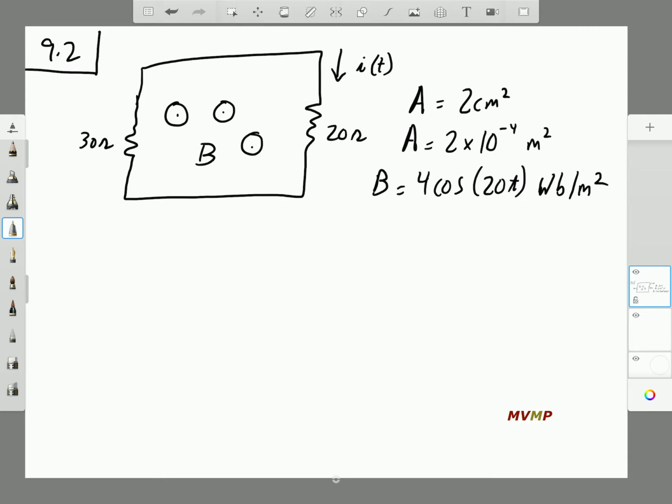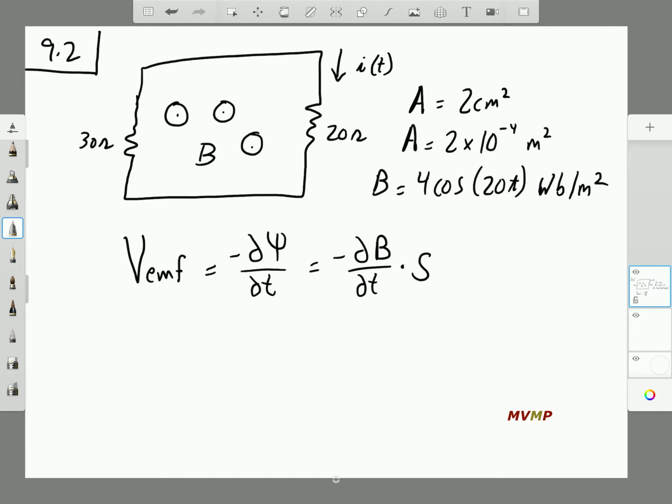Given all this, which formula are we going to use? Of course, Faraday's law. VEMF equals the negative derivative of the flux over time, which will just reduce down to the negative derivative of the B field with respect to time times the surface.